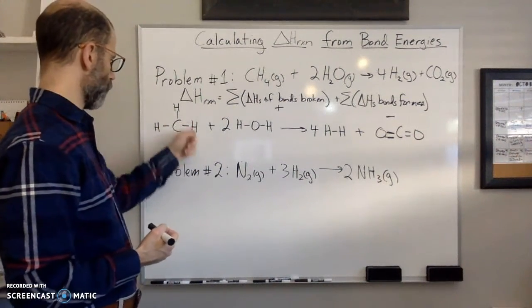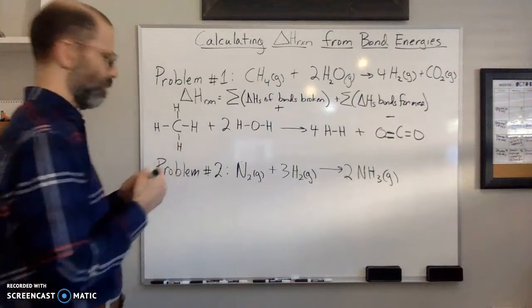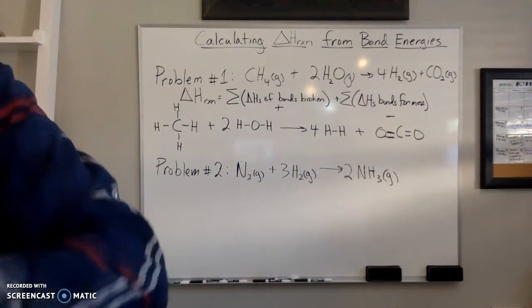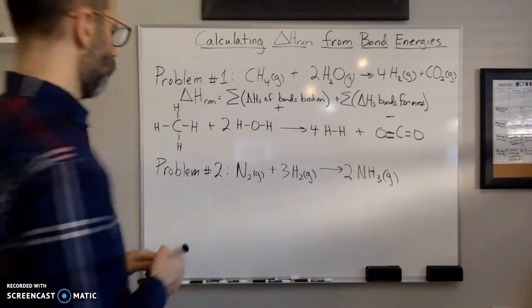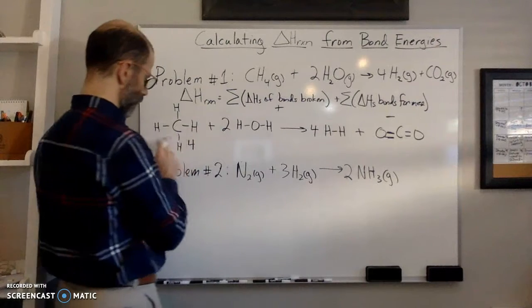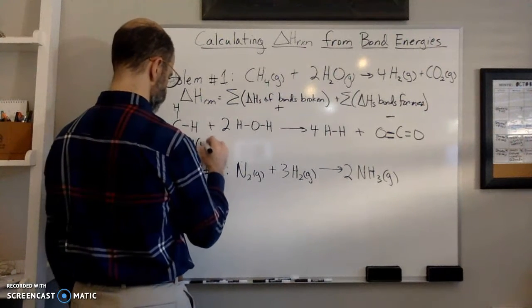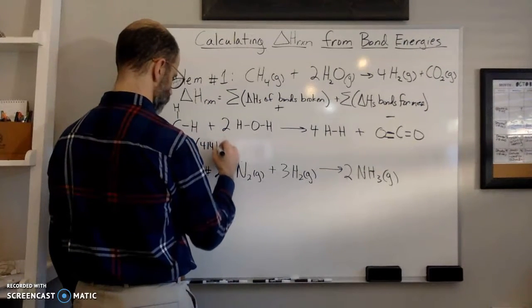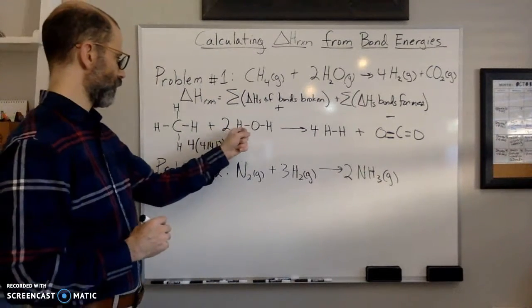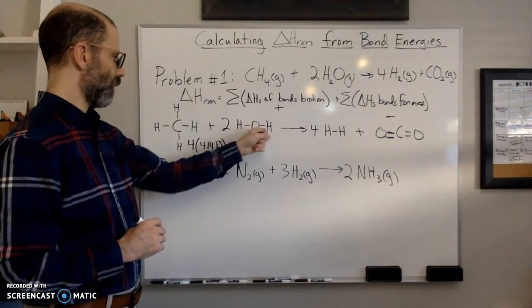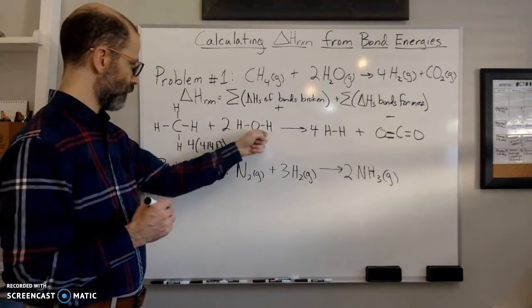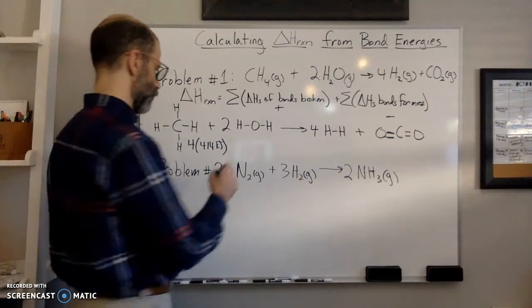Here we have 4 C-H bonds, so you look up the C-H bond, and that's going to be 414. So you have 4 bonds, so it's 4 times 414 kilojoules per mole. You've got 2 of these, and for every one you have 2 oxygen-hydrogen bonds, so that's 4 total oxygen-hydrogen bonds.